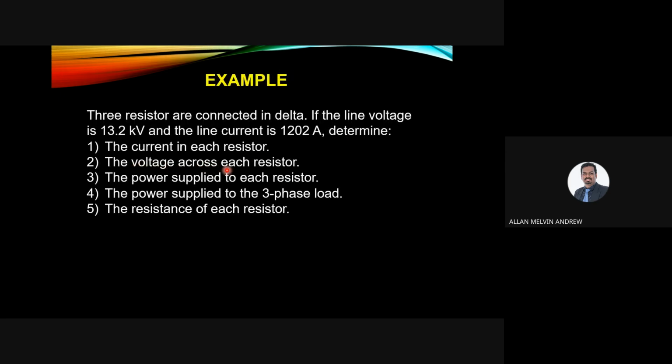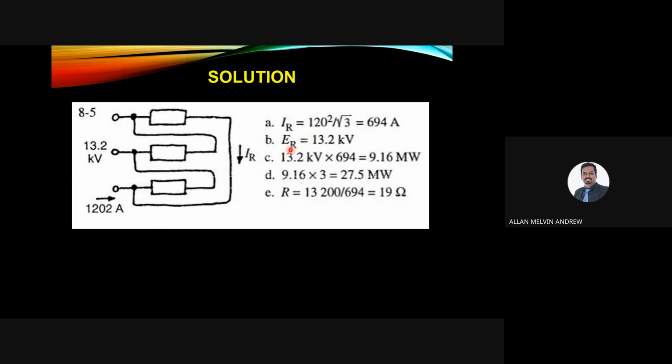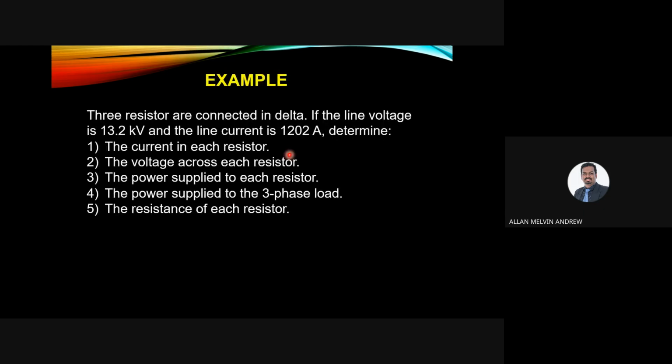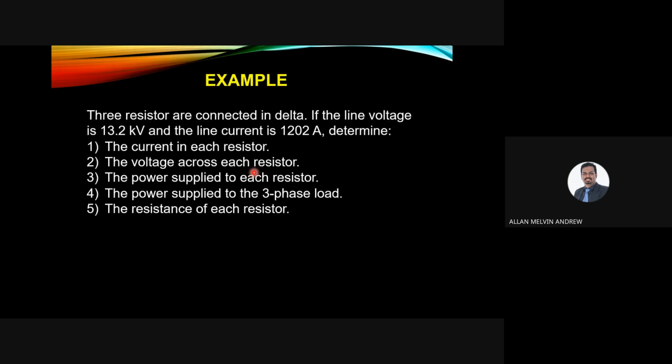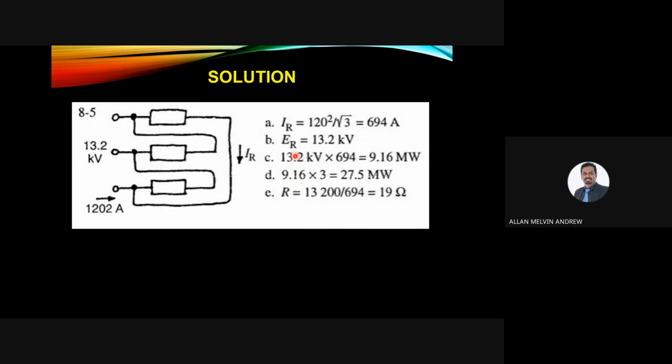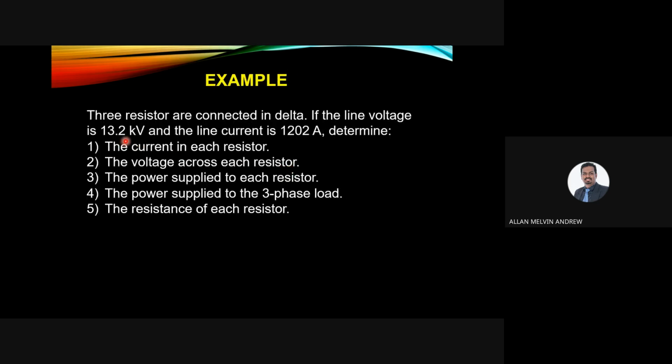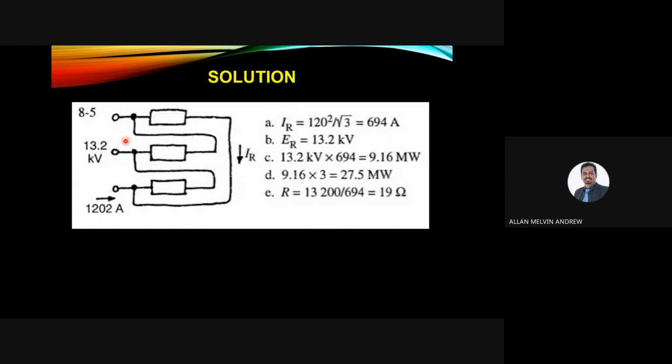The voltage across each resistor is ER, which is 13.2 kilowatt. So the power supplied to each resistor is 13.2 kilowatt times 694.